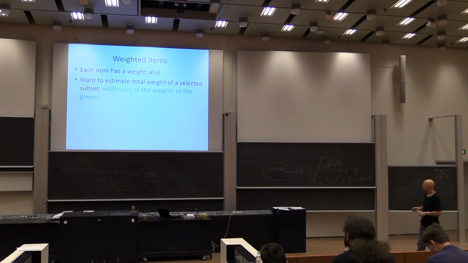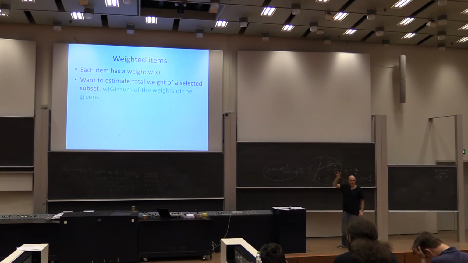Anyway, so far I estimated cardinalities of subsets, like the number of green items or the size of the population entirely, each item counted as one. Now suppose the items are weighted, which is very common, like these IP flows usually have sizes. And often you don't want to know how many different IP addresses the router has seen, or that both routers have seen.